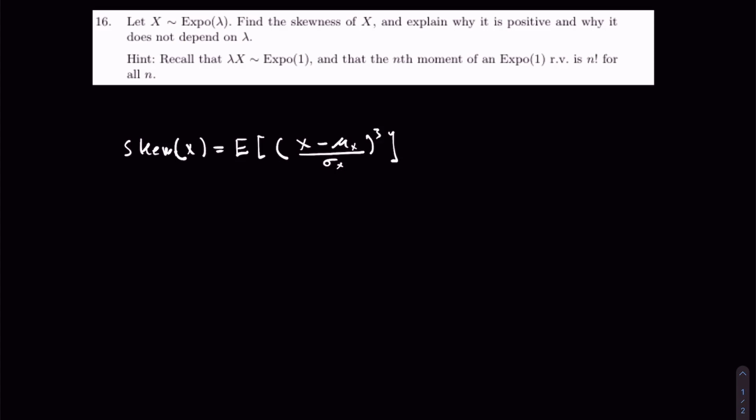Okay, so let us first gather what mu X and sigma X are. Well, that is, as always, for an exponential X, 1 over lambda, and the variance of an exponential is always 1 divided by the square of lambda.